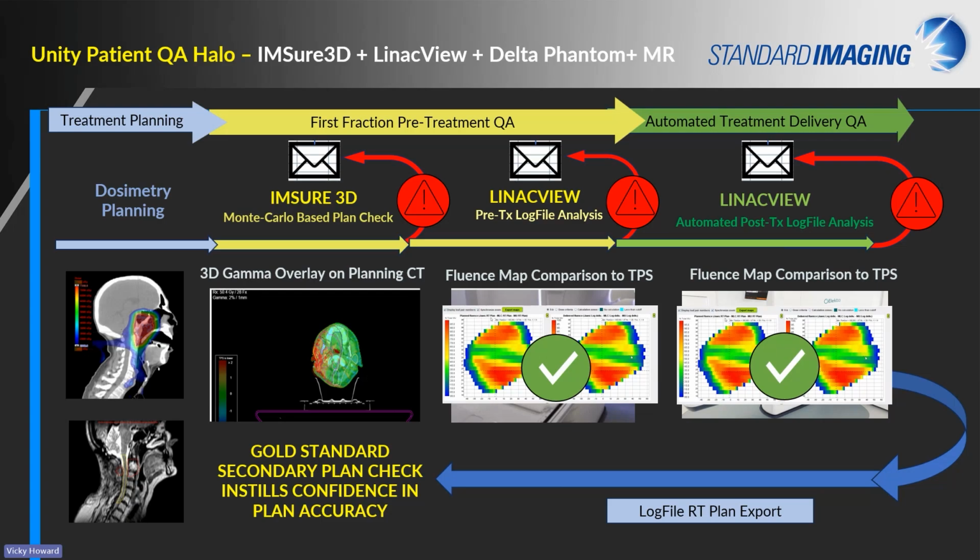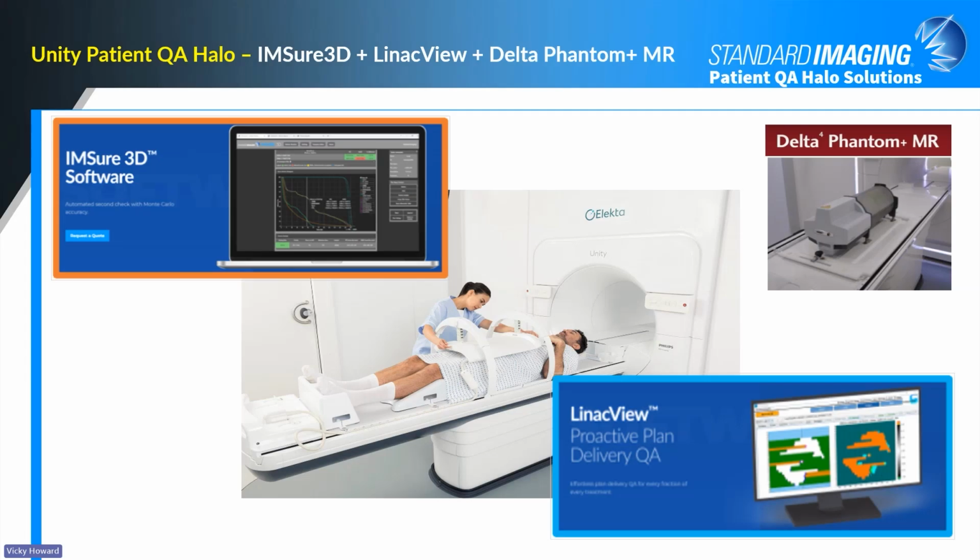You're using the beam models and algorithms within your own treatment planning system. So any comparisons and deviations between your intended treatment and your actually delivered treatment are purely due to machine performance issues in that case. So that's nice to have that unbiased comparison there.